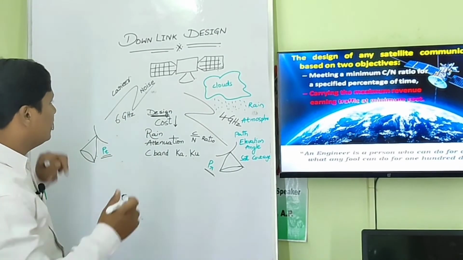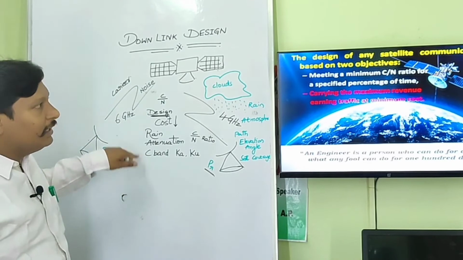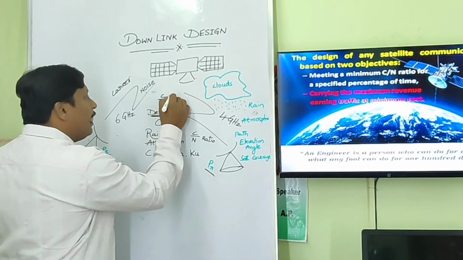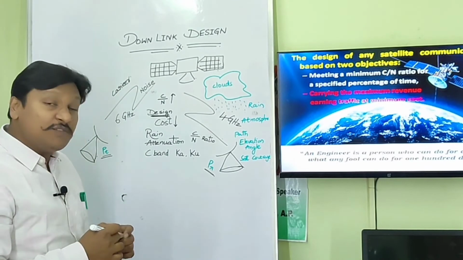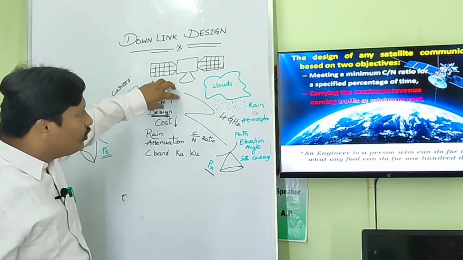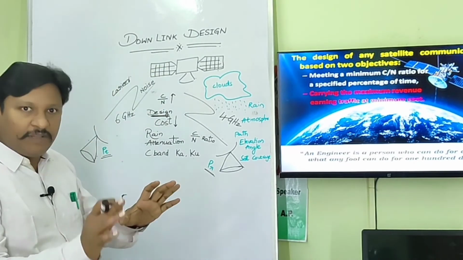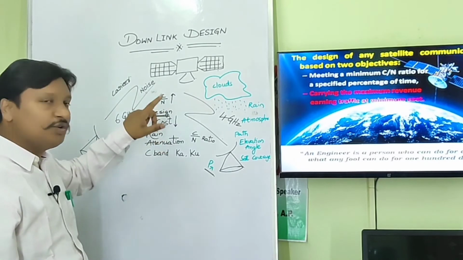And also the carrier to noise ratio associated with this design should reach a specific value, an optimum value. That means we have to design the downlink in such a way that the carrier to noise ratio is of a specific value, with reference to the cost. The cost should be very small.